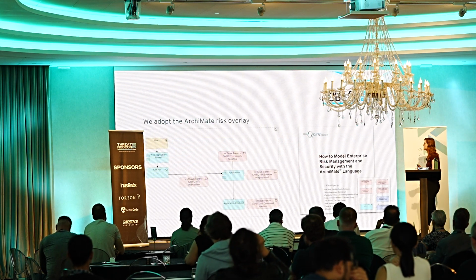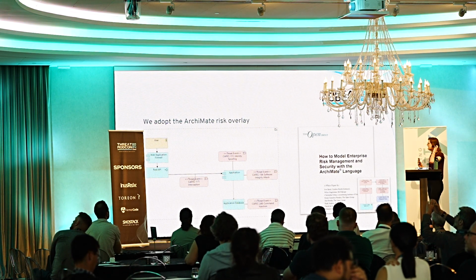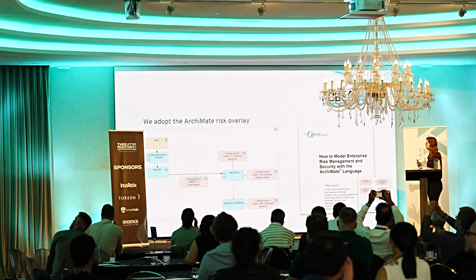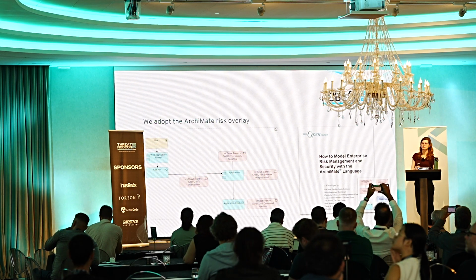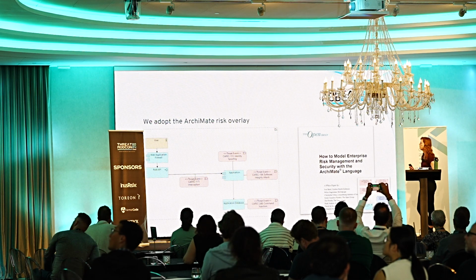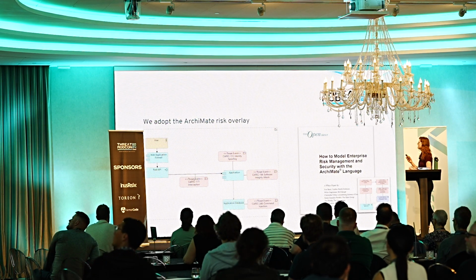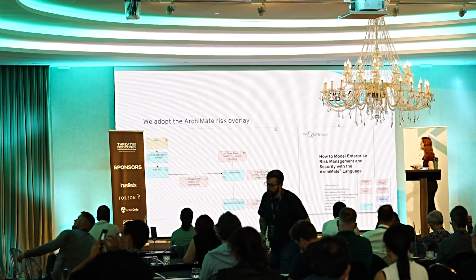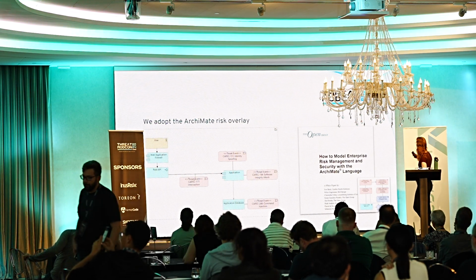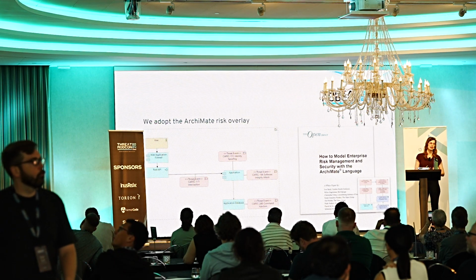Now, a final dimension I want to touch on before we actually reach the end is how these architectural patterns also enable a new kind of dimension in terms of stakeholder management. For this entire exercise, we adopted the ArchiMate risk overlay, which is just sort of a built-in risk management layer on top of the ArchiMate modeling language.